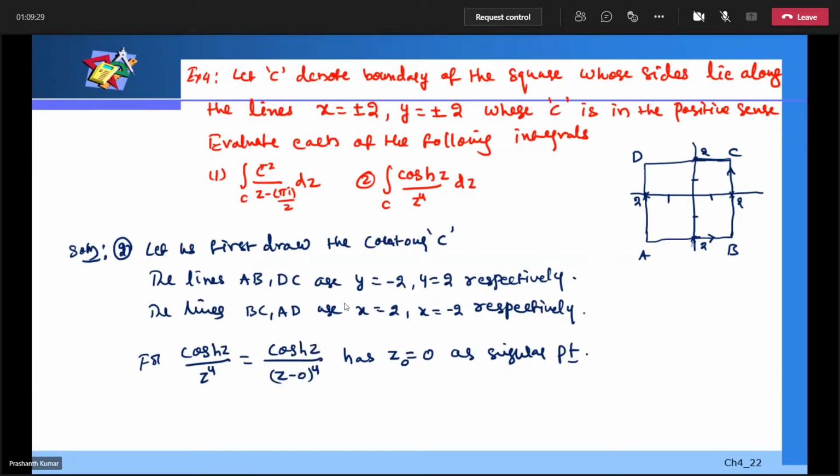Cos hz. Okay, so z naught is equal to 0 as a singular point.